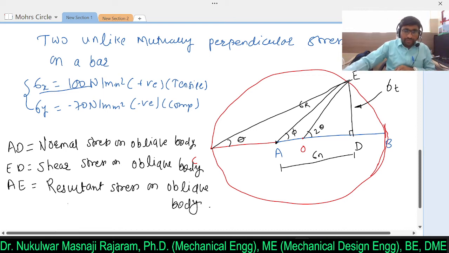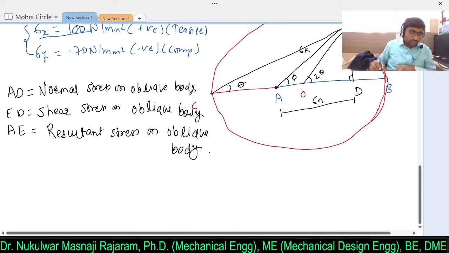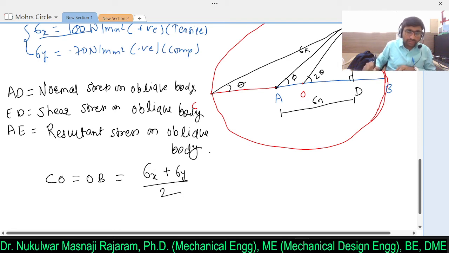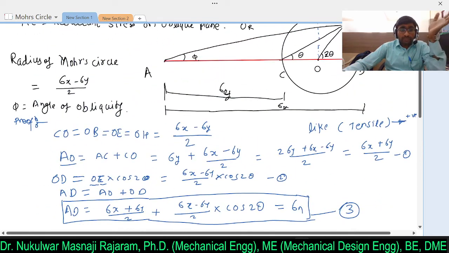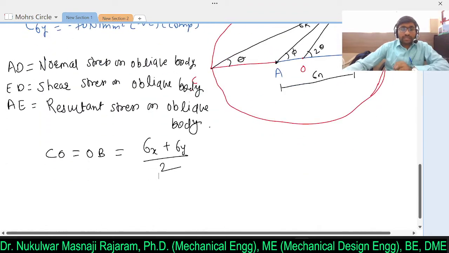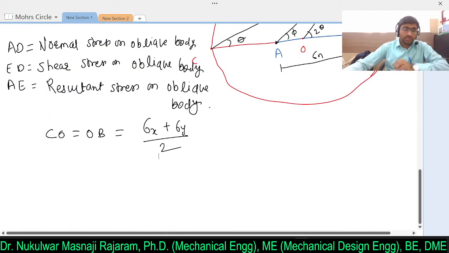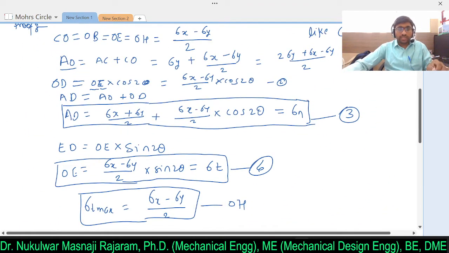So if I ask you the radius of this Mohr circle, then if I consider CO or OB, that will be (sigma x plus sigma y) divided by 2. If you use the same analytical method, then you will get the same formulas, only there will be a negative sign.